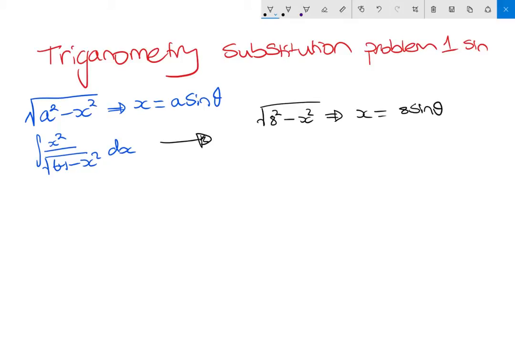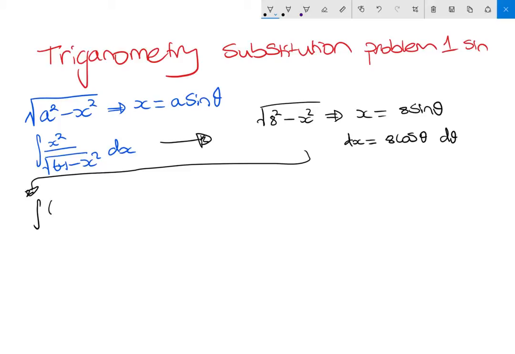We then write the derivative, and this is going to be dx equals 8 cos theta d theta. What we do next is substitute it back into the equation, and how we do this is we write the integral.